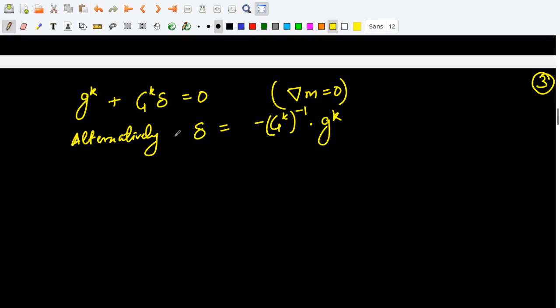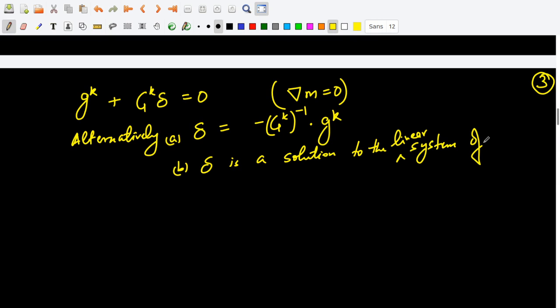Also, we can say that delta is a solution to the linear system Gk times delta equals minus gk.